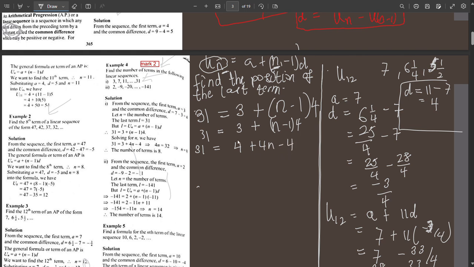This minus 4 is 3. This 3 minus 4 is minus 1. So that's minus 1 goes to that side. We have plus 1.